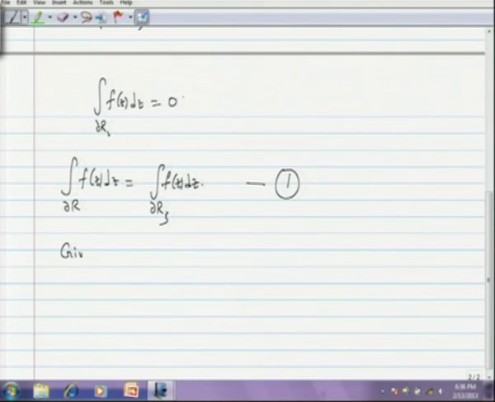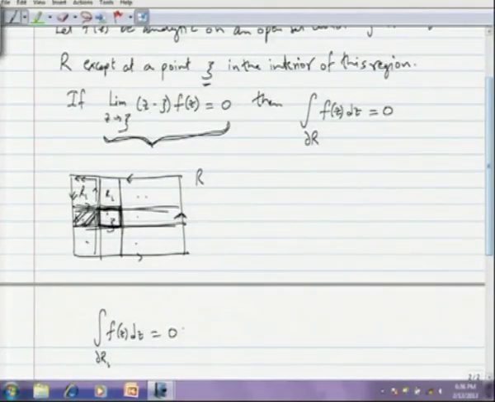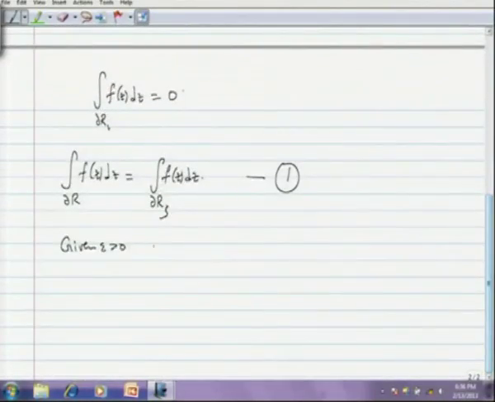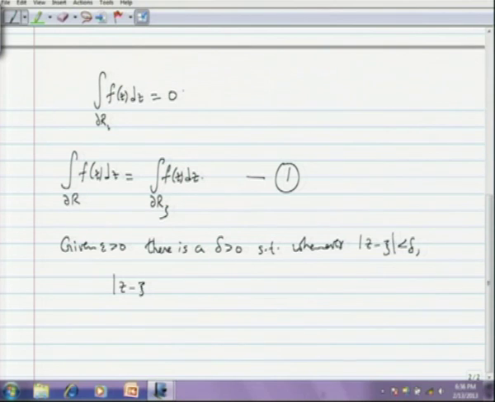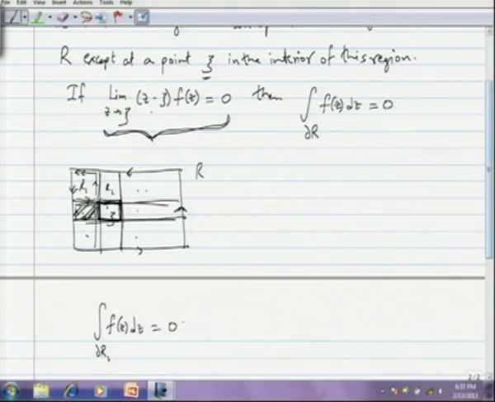Given epsilon greater than 0, since the limit as z goes to zeta of z minus zeta times f of z is equal to 0, there is a delta positive such that whenever the modulus of z minus zeta is strictly less than delta, the modulus of z minus zeta times the modulus of f of z is strictly less than epsilon, because the limit as z goes to zeta of this quantity is 0.